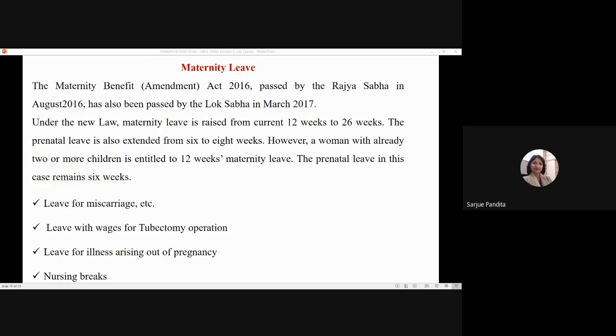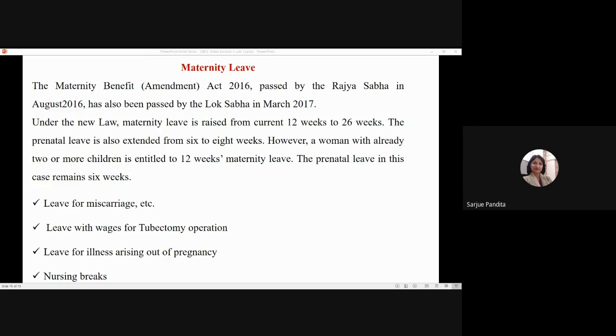So, a woman suffering from illness arising out of pregnancy, delivery, premature birth of a child, miscarriage, medical termination, tubectomy, and all that, shall, on production of such proof as may be prescribed, be entitled, in addition to the period of absence allowed to her under Section 6, as the case may be, and under Section 9, to leave with wages at the rate of maternity benefit for a maximum period of 1 month. Right?